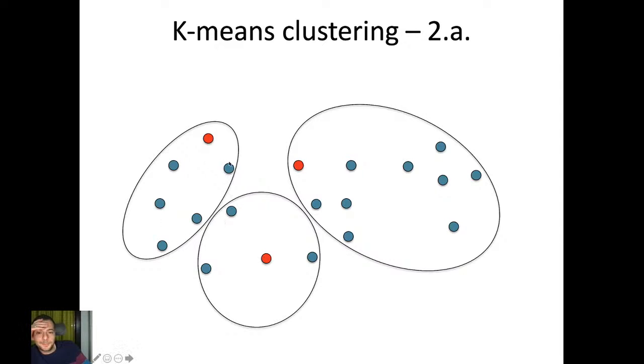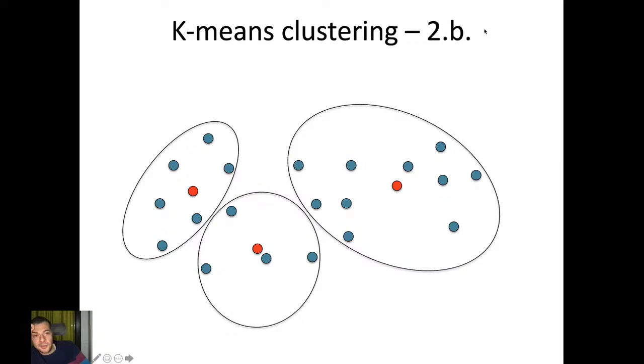So first we compute the clusters by assigning each data point to its nearest cluster. So all these points go into this cluster, these points go into this cluster, these points form a different cluster here with this centroid. So now we have the cluster assignments, and we take all these vectors and compute the average, which is the new cluster centroid.